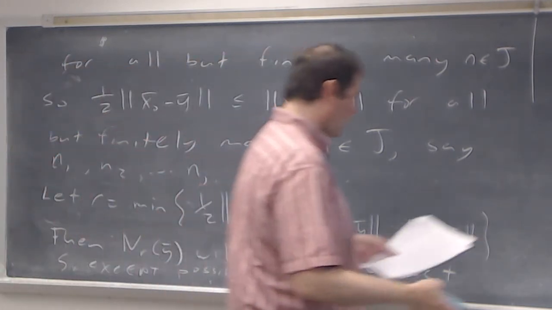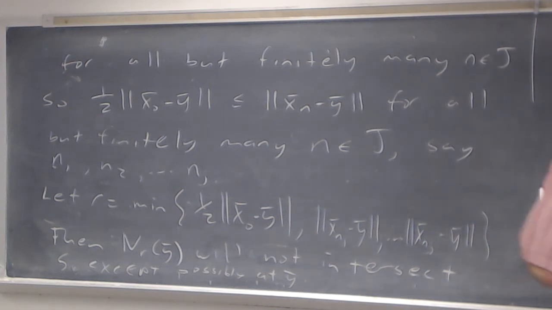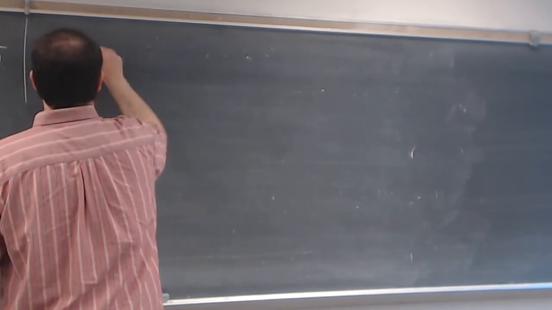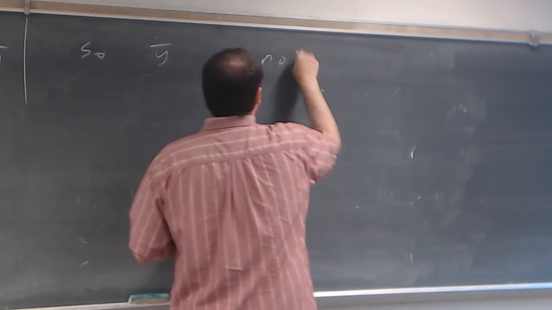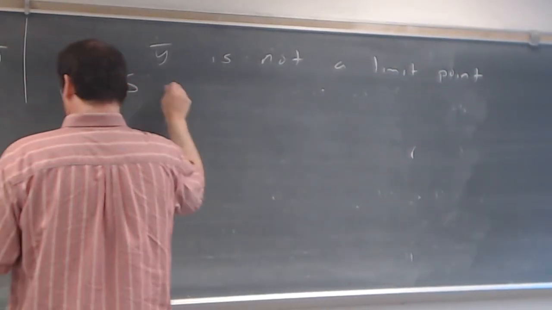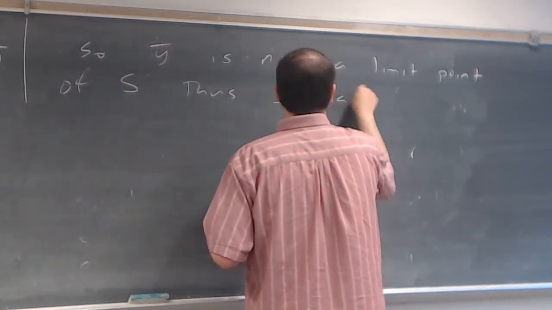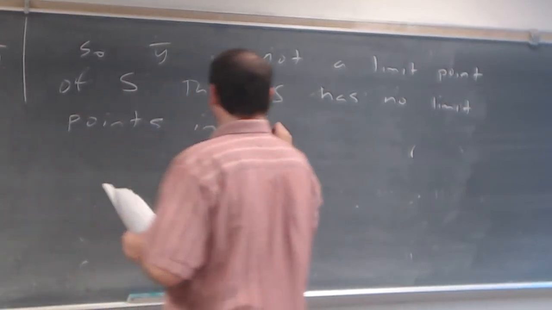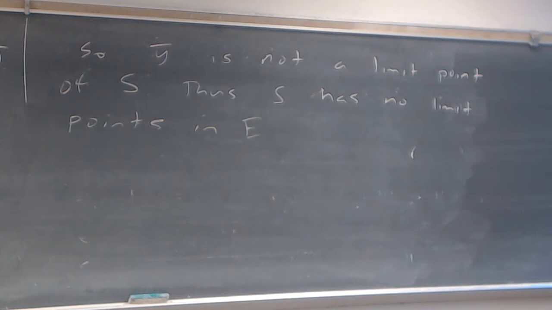So what this is showing is that y is not a limit point of S. Thus, S has no limit points in E. So the only limit point we had of S, I think, was x naught.